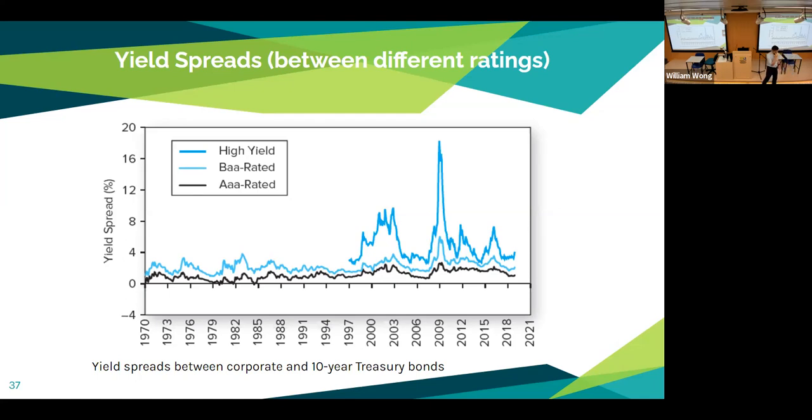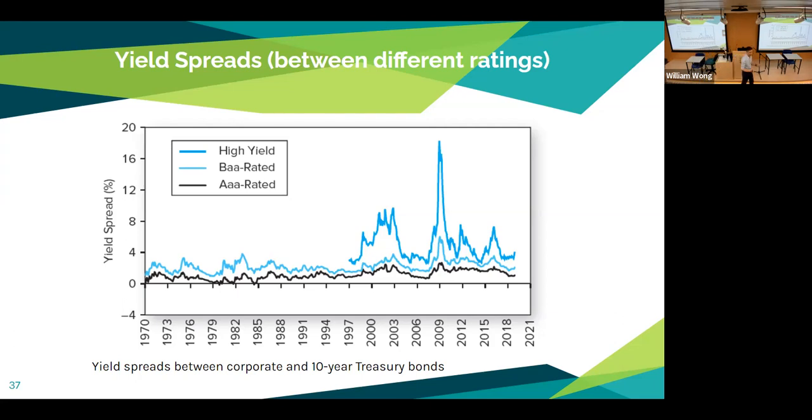So when I say yield spread, we are comparing to something, and that something is the different quality of the bonds. If you think about a high risk and low risk bond, as I said last time, you have a AAA rated, which is a very secure, very safe bond.